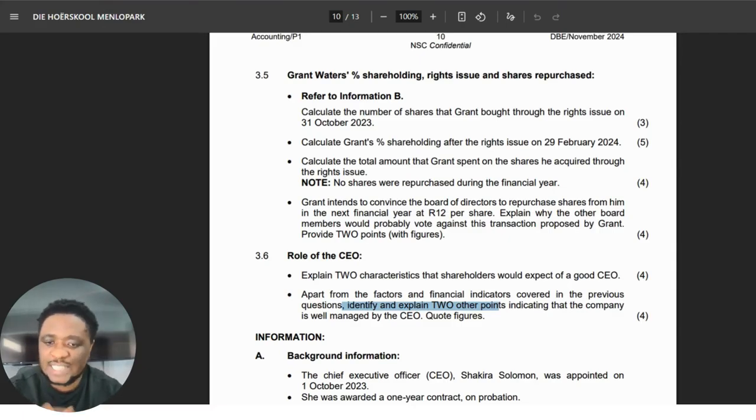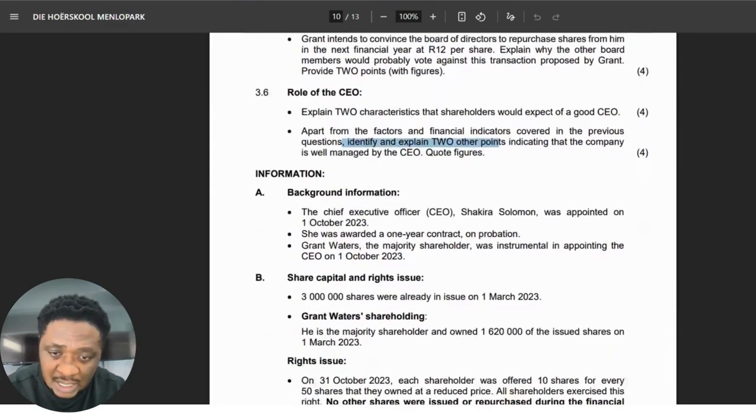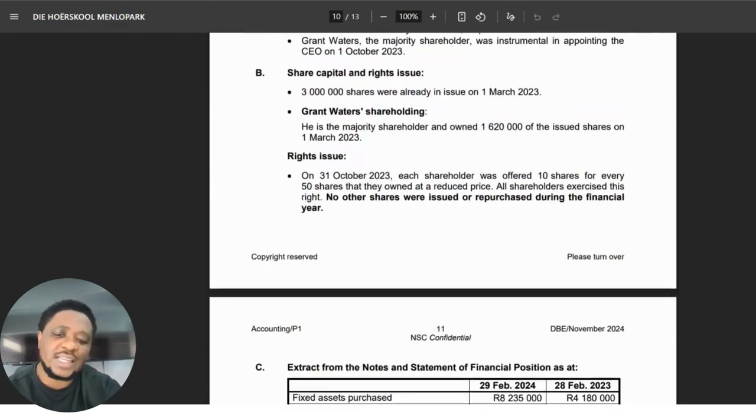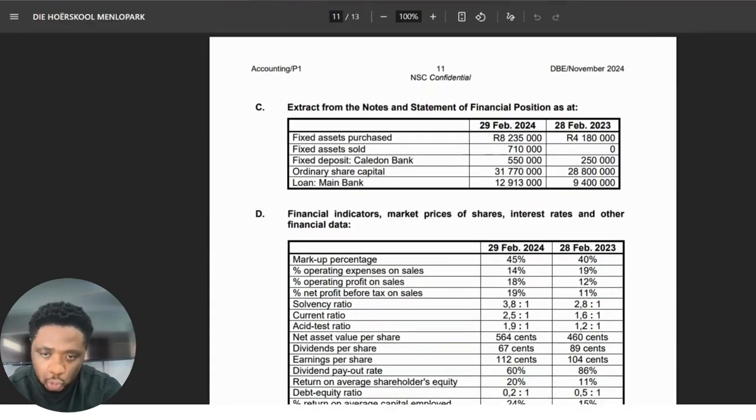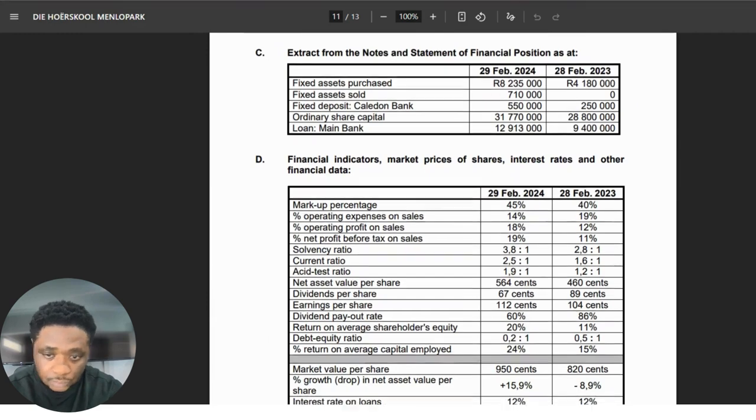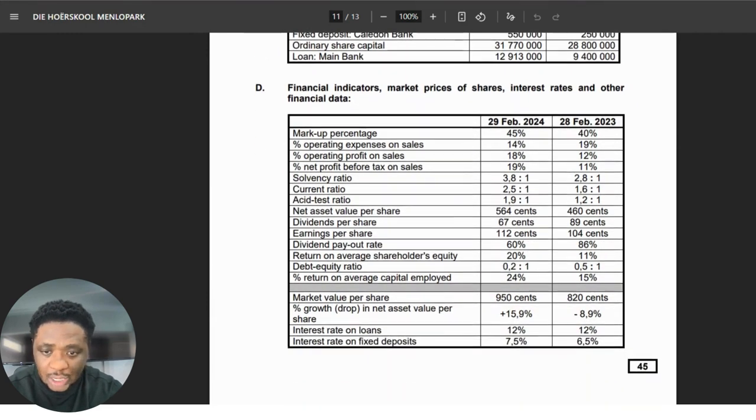We need to look at some of the ratios that haven't been quoted. One of them is probably the solvency ratio, and also the liquidity ratios. They haven't been quoted. So we need to identify those that are good, because they're saying you need to say something good about the person.